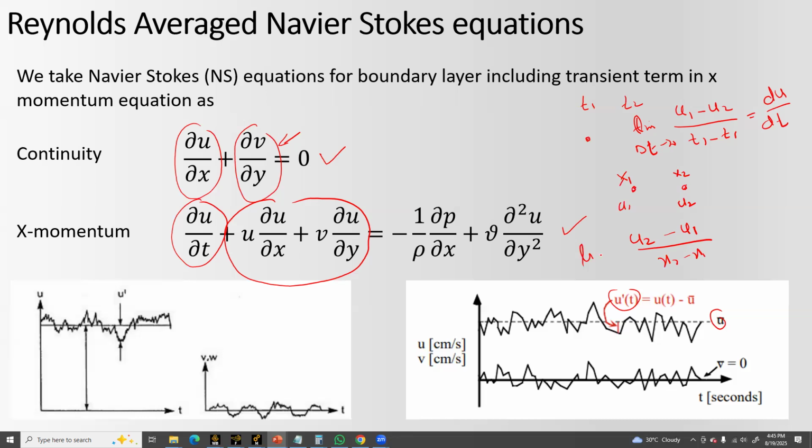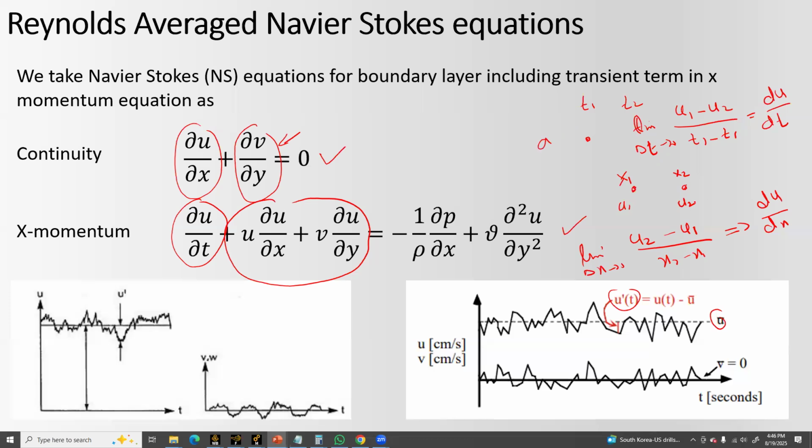The limiting case for the derivative is that delta x tends to 0, and this is going to be du/dx. So now, this is a change of velocity with respect to location, not with time. The du/dt is an acceleration, right?